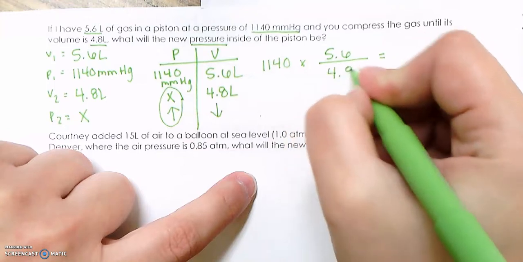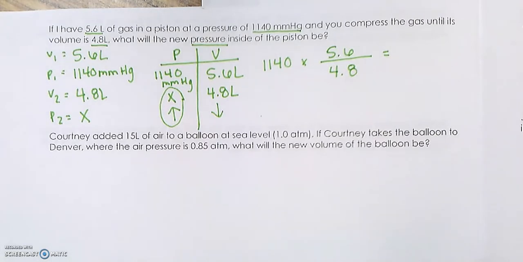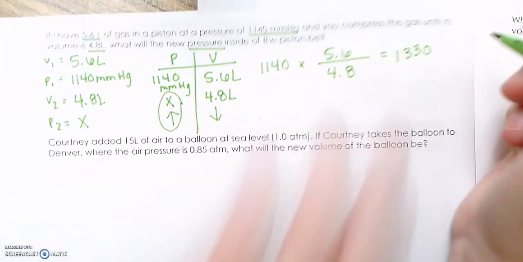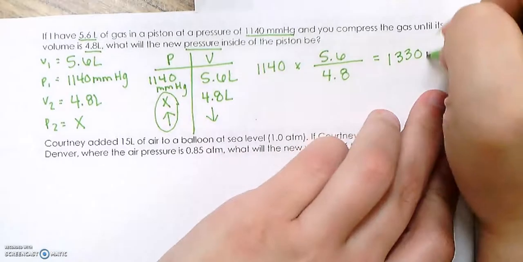So because I need that to be greater than 1, my larger number goes on top of my fraction. Get my calculator out here. I'm going to do 1,140 times 5.6 divided by 4.8. And I end up with 1,330. And my unit here is going to be millimeters of mercury.